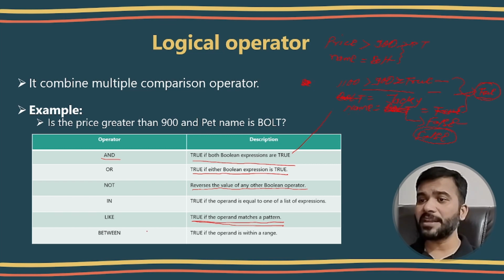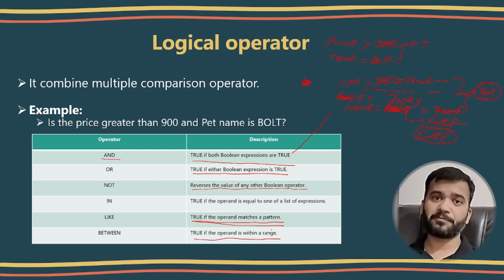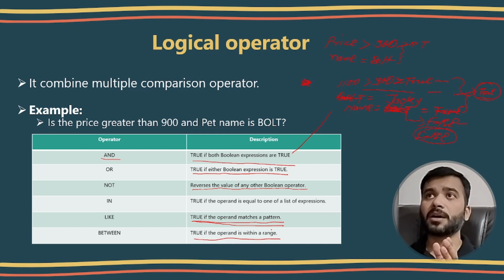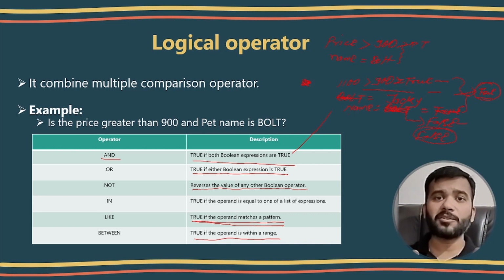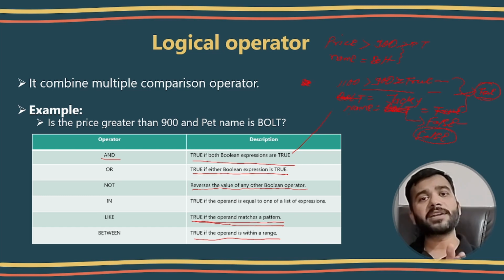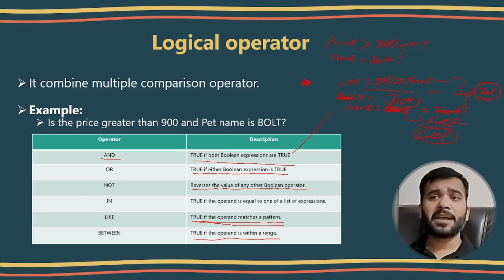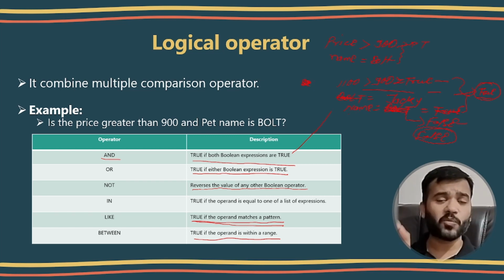And BETWEEN is true if the operand is within the range. Basically BETWEEN uses two values, a high value and a low value, and you want to find out what lies between those. If you don't understand this right now, don't worry, I'm going to discuss each and every logical operator one by one in my coming slides.